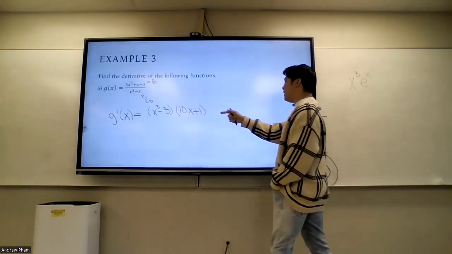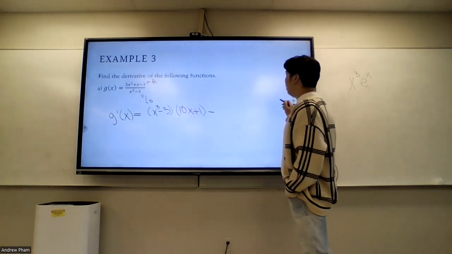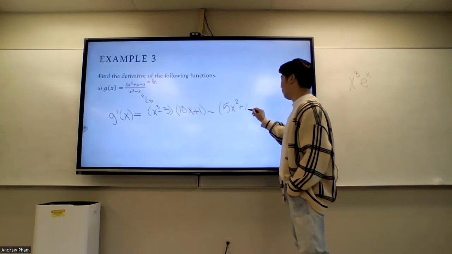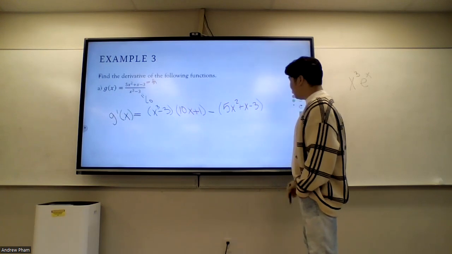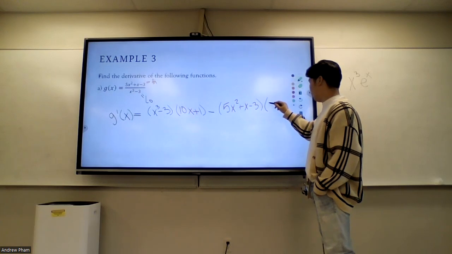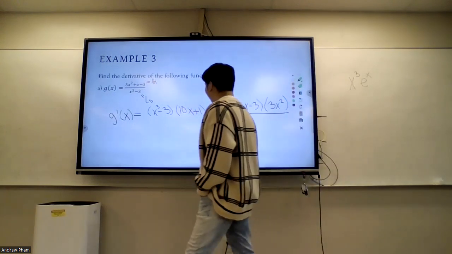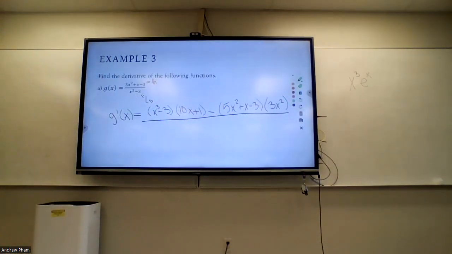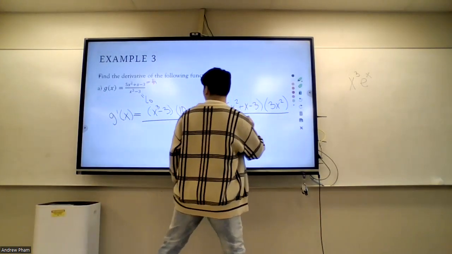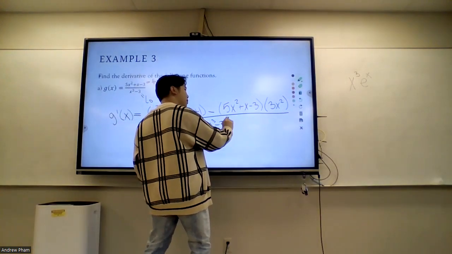So I have low d high, minus the high, which means we just copy that down again, times the derivative of the low, which is what? We have 3x squared, all over the low squared. So the bottom low was x cubed minus 3, squared, outside of parentheses.